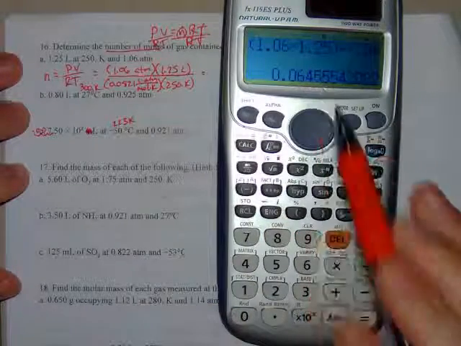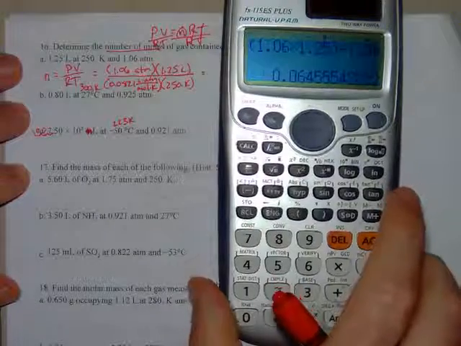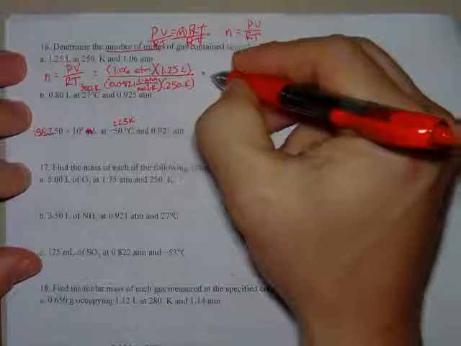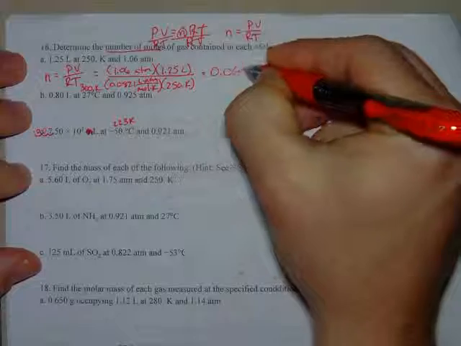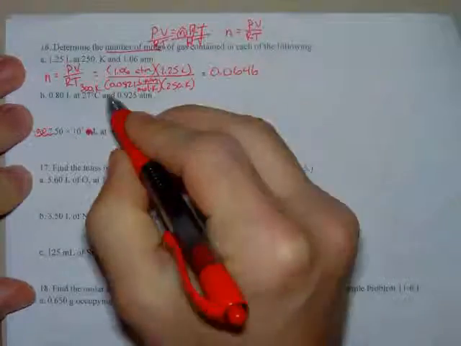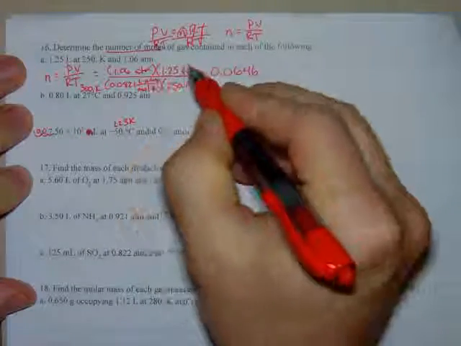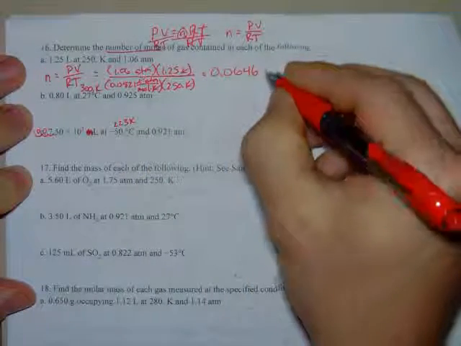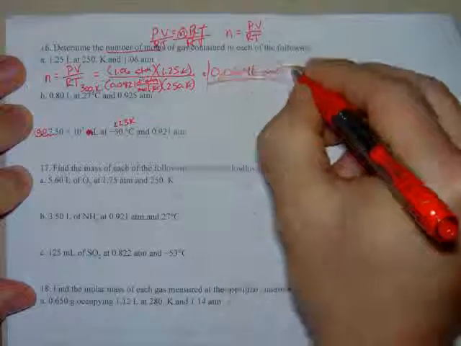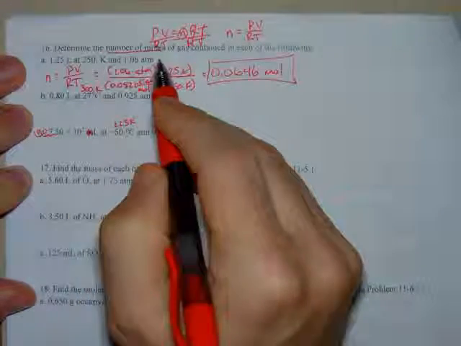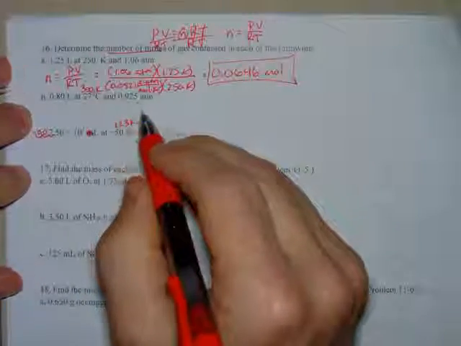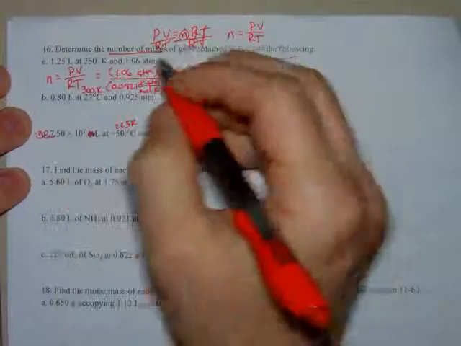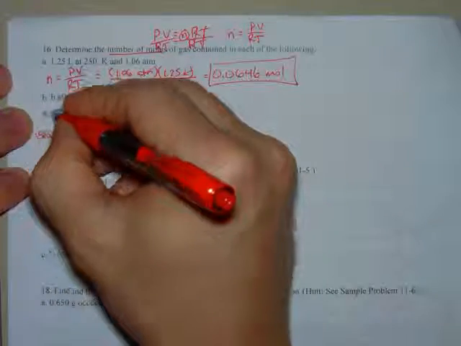But that 5 tells me to round that up, so 0.0646. And what's my unit here? Atmospheres cancels with atmospheres, liters cancels with liters, kelvins cancels with kelvins, so it is moles. Good thing, that's what the question is asking me for. Always make sure that you're solving for what the question is actually asking for.